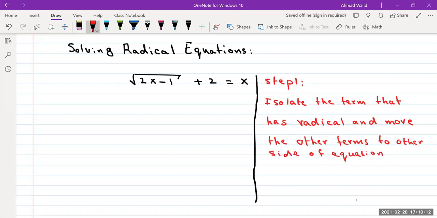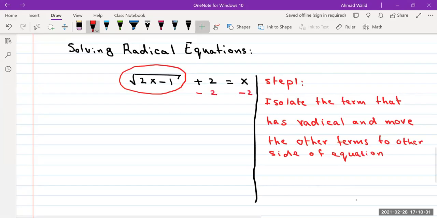Let's focus on this problem. I'll show you your step 1. The term that has radical, I will isolate it in this side. And I'll move 2 to the other side because this term doesn't have a radical in it. It means I will subtract 2 from both sides. This example will be long because I'll give you notes.